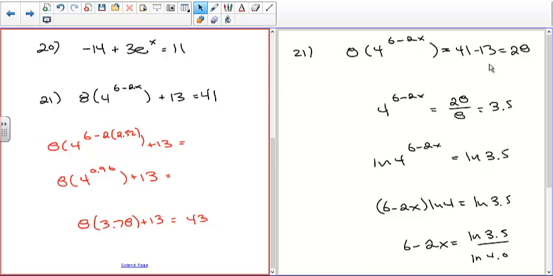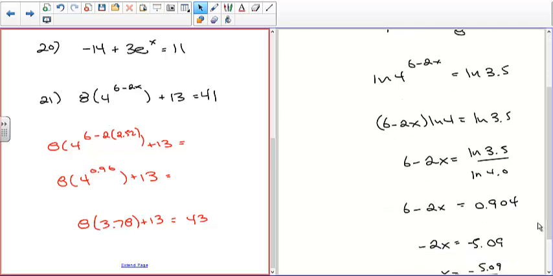The natural log of 3.5 is 1.25. And we divide by the natural log of 4. 0.904.